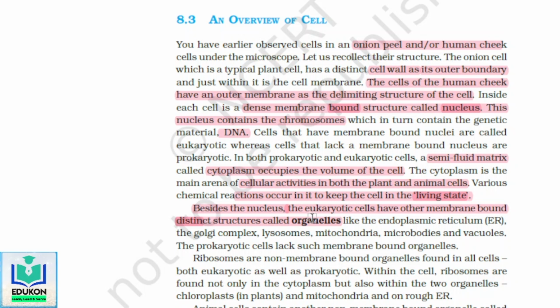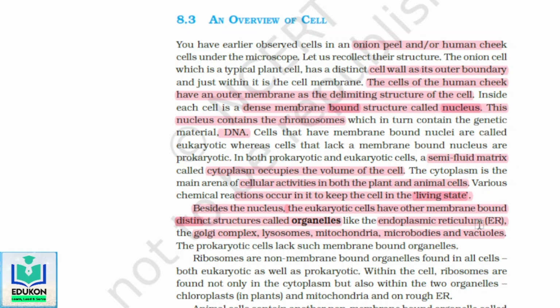So apart from the nuclear membrane, they also contain other membrane-bound organelles inside the cytoplasm, like endoplasmic reticulum, Golgi complex, lysosomes, mitochondria, microbodies and plastids. All these organelles are bound by a membrane. Some have a double membrane, some a single membrane. The prokaryotic cells lack such membrane-bound organelles.